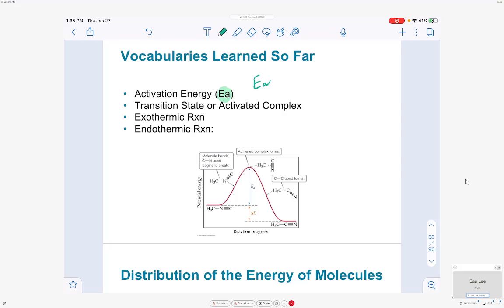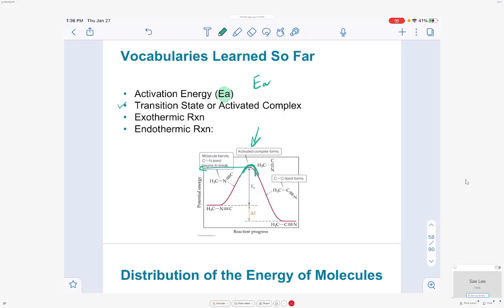Transition state or activated complex is an unstable intermediate at the highest energy state, found at the top of the energy barrier. As you can see, it's at the highest energy state. This is your energy barrier. The hill is the barrier.